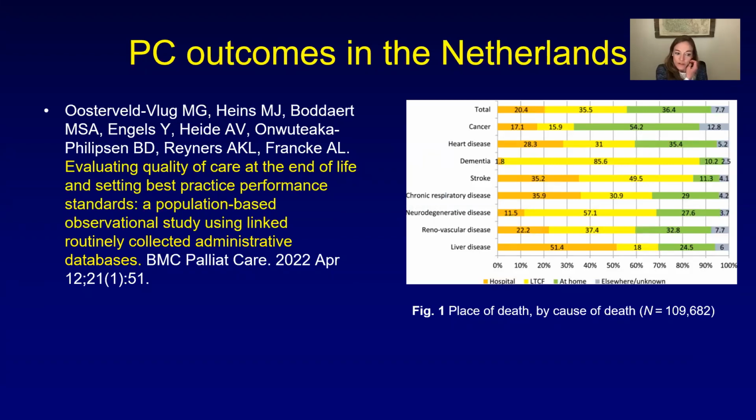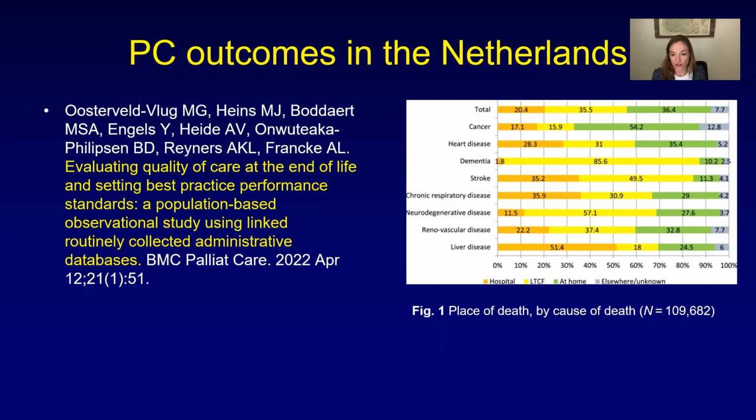So this group of researchers from the Netherlands sought to estimate benchmark data actually from large electronic health records data in the Netherlands. And they looked at outcomes that could be improved by palliative care. So they analyzed data from approximately 110,000 patients, and they focused on quality indicators related to place of death, hospital care utilization, and looked at place of death by disease.